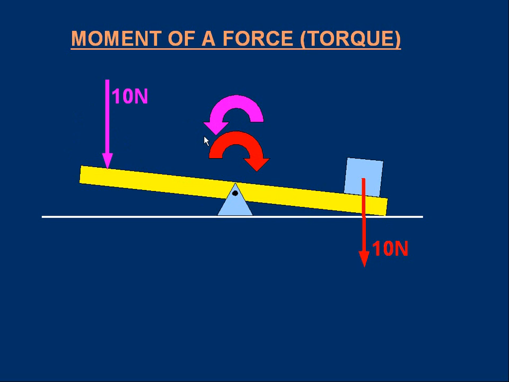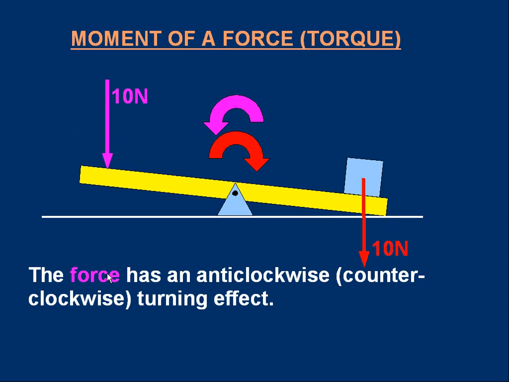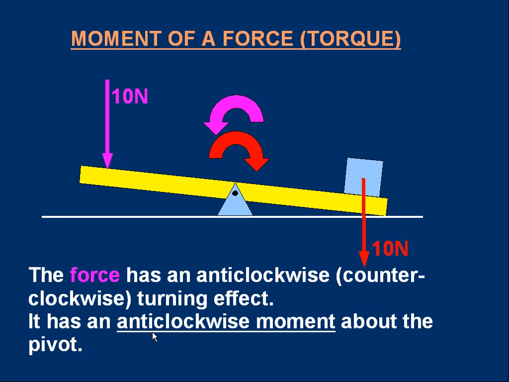So we can say that the force we've shown in purple has an anti-clockwise or counterclockwise turning effect, or in the language of moment we'd say it has an anti-clockwise moment about the pivot. It's got a tendency to cause rotation in an anti-clockwise direction, with the pivot being the centre of rotation.